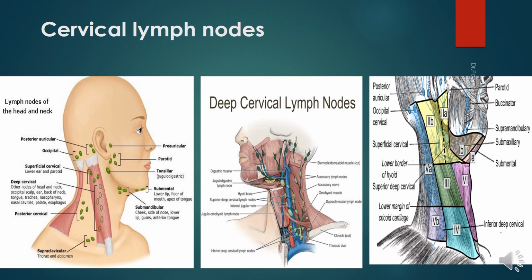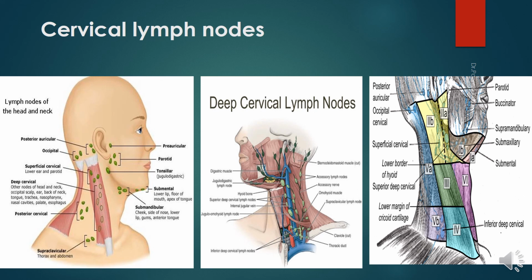So mainly we have jugulodigastric nodes which form the upper deep cervical nodes, and the jugulo-omohyoid nodes are the lower deep cervical nodes. Jugulodigastric nodes lie below the posterior belly of digastric between the angle of mandible and the anterior border of sternocleidomastoid, and it is the main node draining the tonsils.